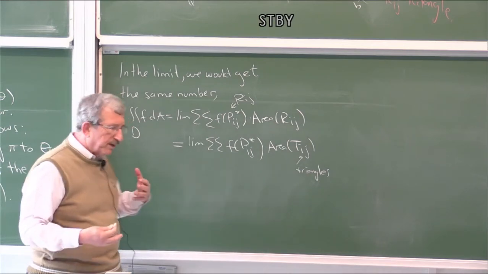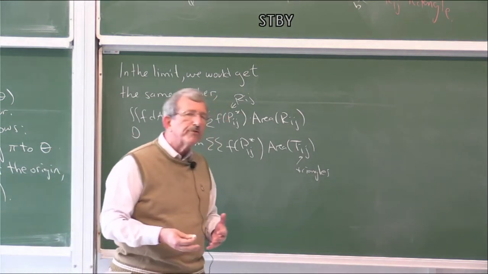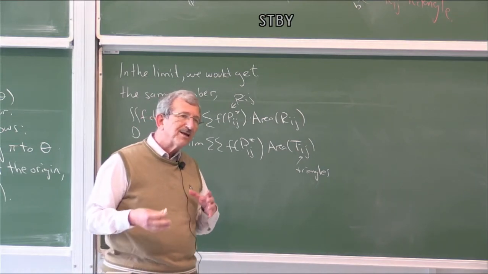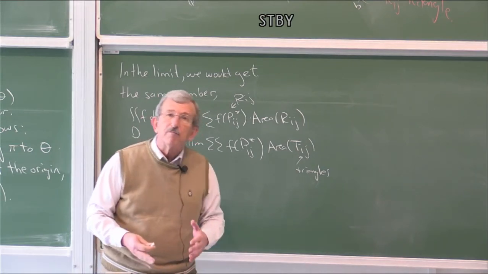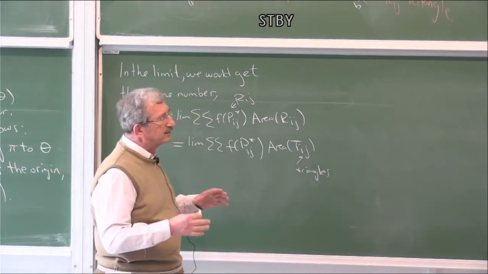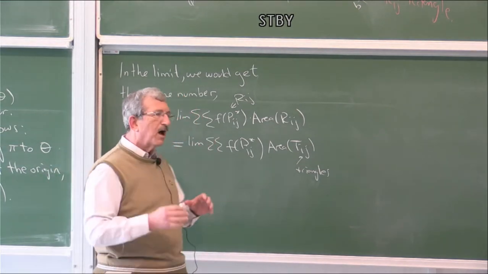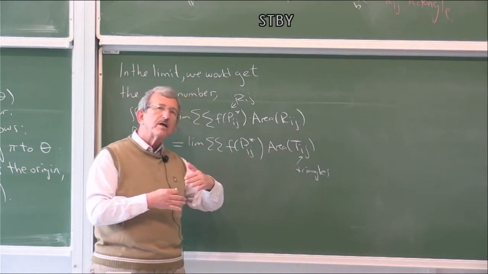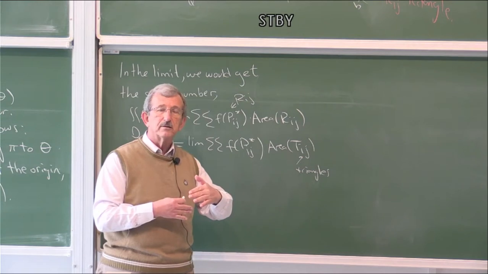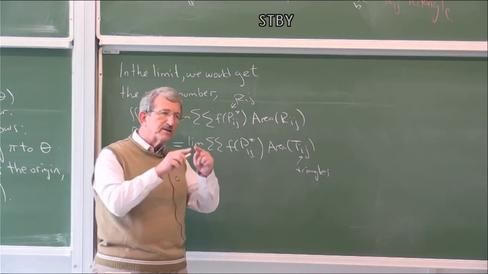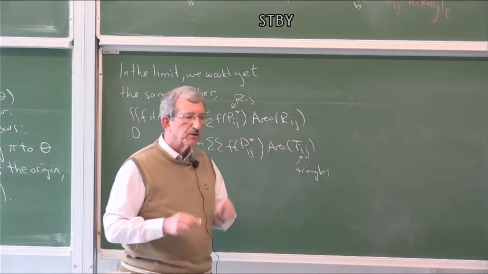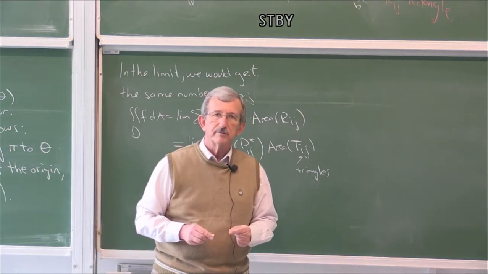Now, there is an important reason why we use rectangles, which is not related to simplicity of calculation. It is that rectangles, small rectangles, are bounded by sides which are parallel to the axes. In other words, on the sides of a rectangle, either x or y is constant.